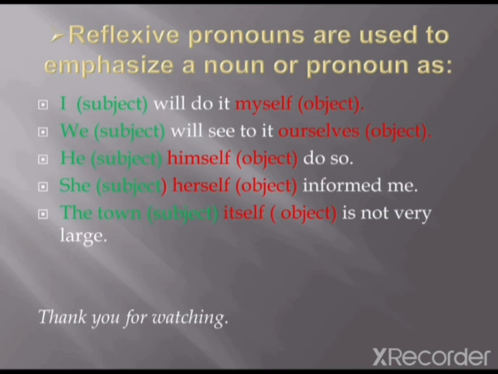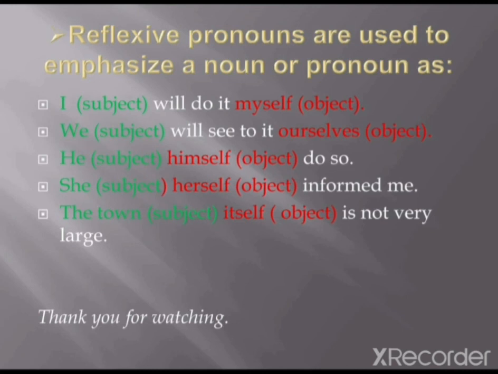A reflexive pronoun is normally used when the object of a sentence is the same as the subject. For example, here you can see I, subject, myself, object, which are the same. We, subject, ourselves, object. He, subject, himself, object. She, subject, herself, object, which are the same.